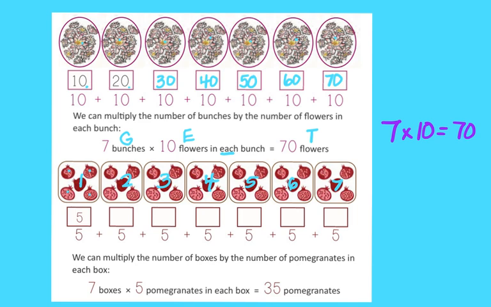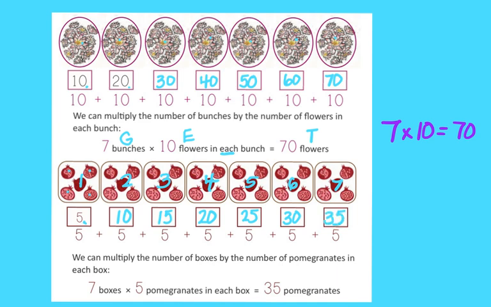And we're going to count those by 5s because each group has 5. So we say 5, 10, 15, 20, 25, 30, 35.